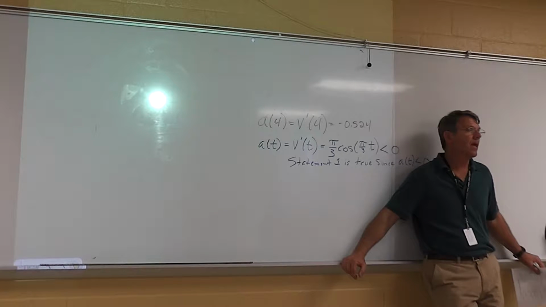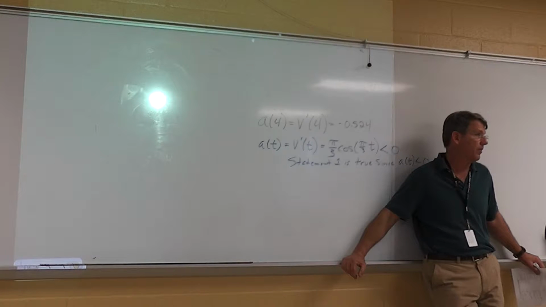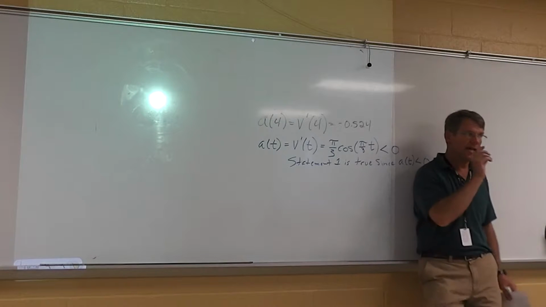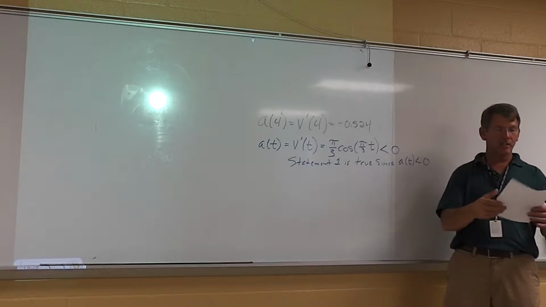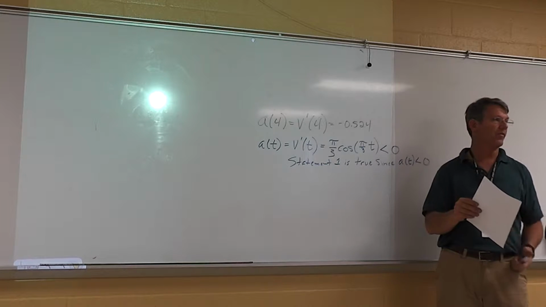Yeah. And now also, it sounds to me like, Georgia, you're using a local argument. You've done one test number at 4. And you said since the derivative is negative at 4, therefore it's decreasing. But that's a local argument. You've told me one spot. The question is on the entire interval 3 to 4.5.